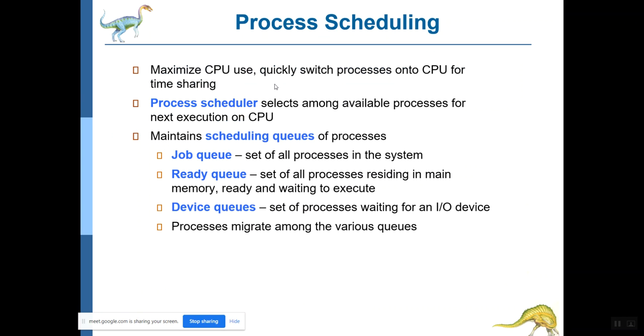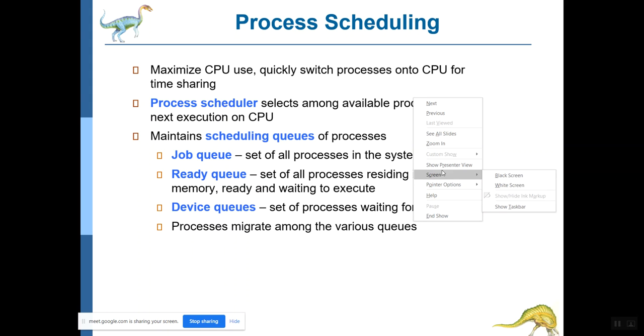First of all, in a multi-programming system, it is a basic need to schedule all the processes. When we want to run multiple processes at the same time, there is a need for process scheduling. Otherwise, in a batch system, we run only one process at a time, so there is no such need for process scheduling.